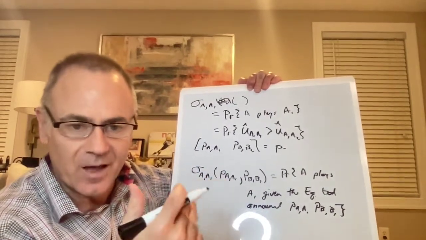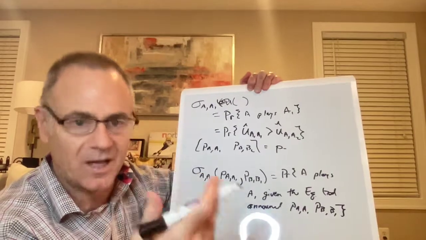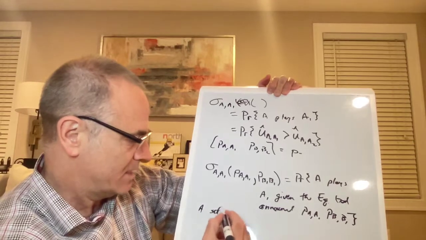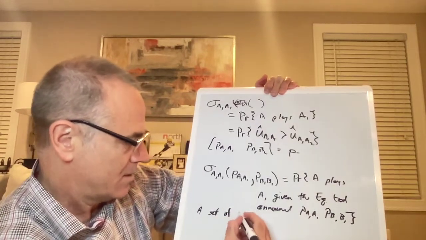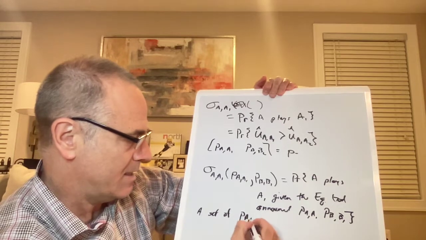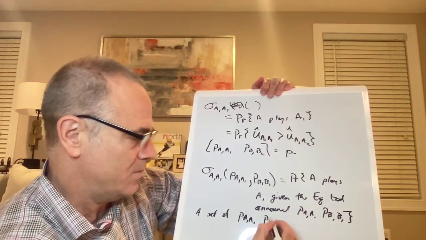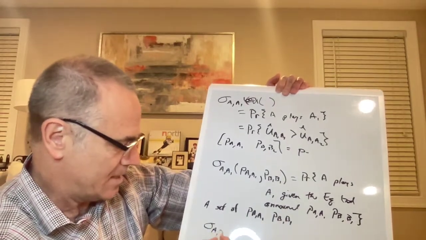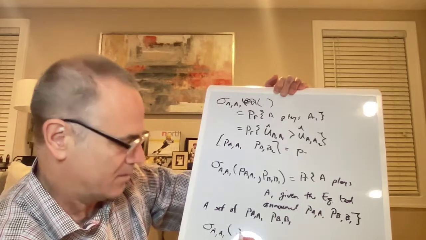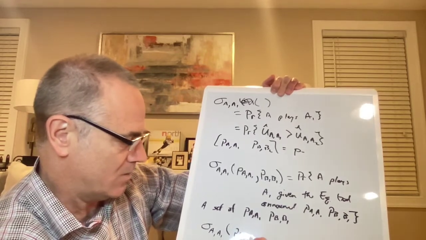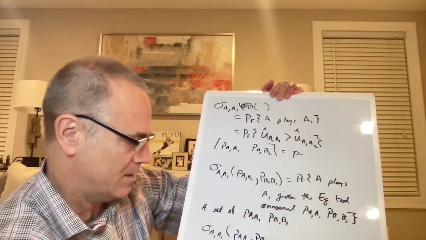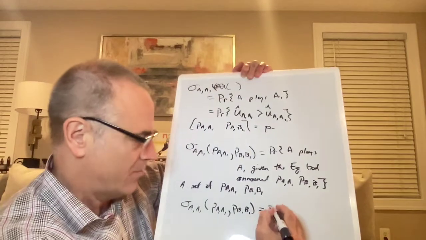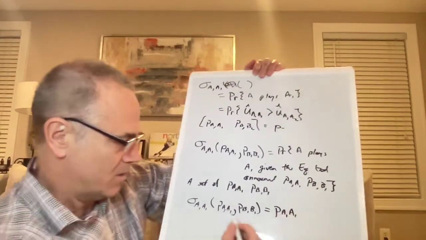This is what McKelvey and Palfrey called the quantal response equilibrium. What we want is a set of PA A1, PB B1 such that sigma A1 of PA A1 comma PB B1 equals what the equilibrium God said for PA A1.